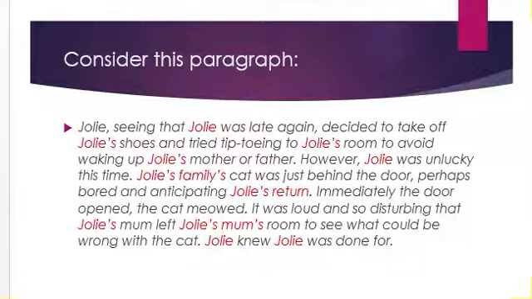For instance, if we check the last sentence in the paragraph, Jolie knew Jolie was done for. It seems as if the reference there is more than just one. Perhaps we have a Jolie knowing that there's another Jolie who was done for. But the appropriate use of a pronoun here will not only reduce the redundancy, but also bring in clarity of expression.